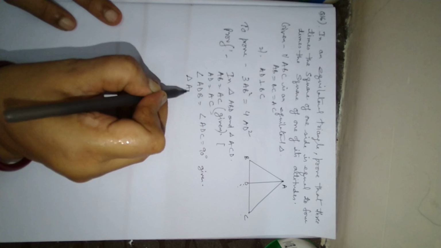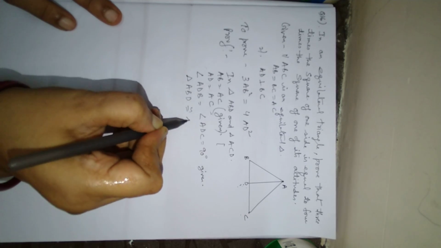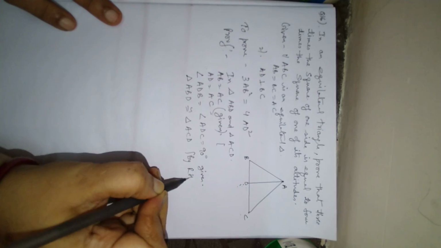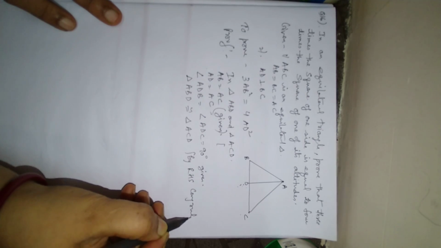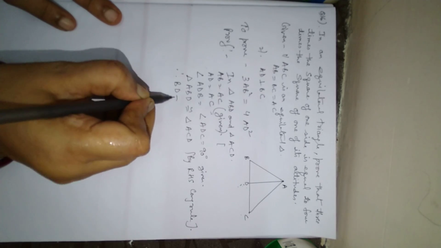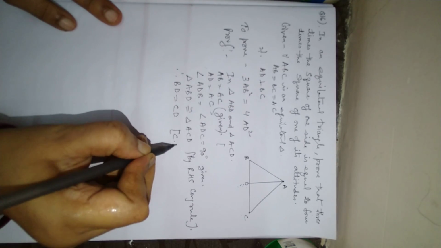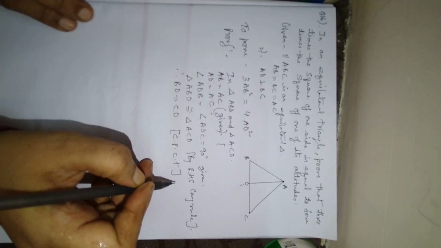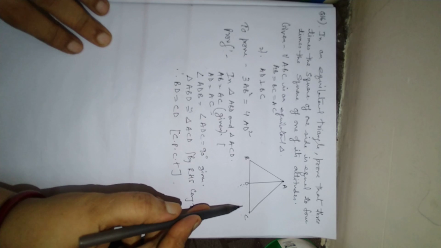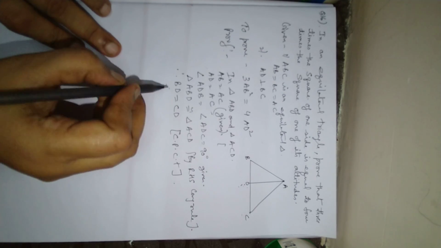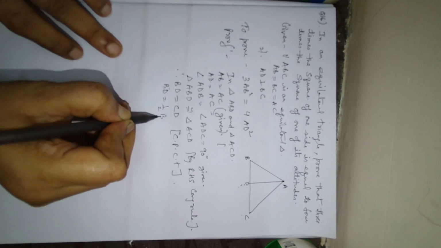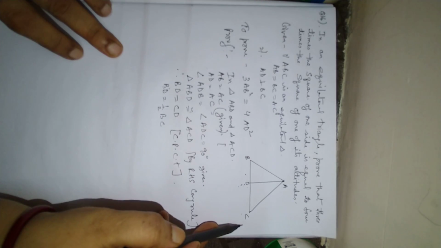So the triangle ABD is congruent to the triangle ACD by RHS congruence rule. Therefore, BD equals to CD by CPCT. Okay, BD equals to CD means BD is half of BC.